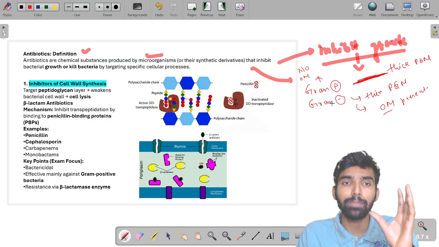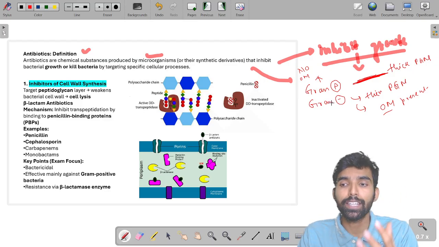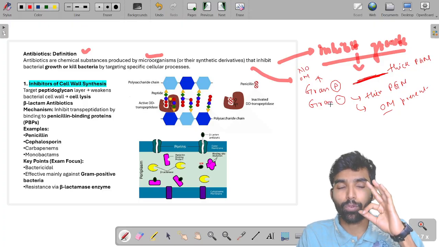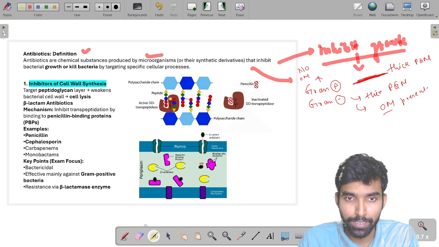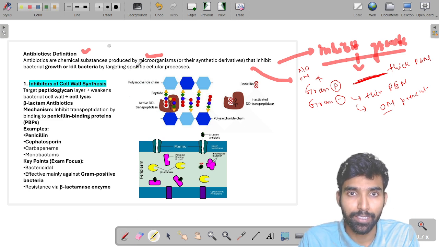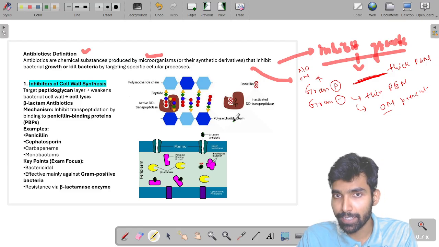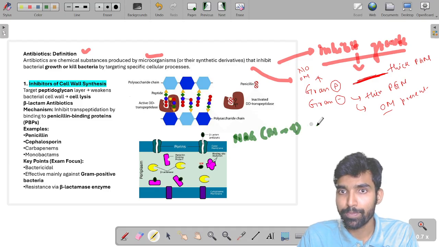It targets the peptidoglycan layer; the main purpose is that the peptidoglycan should not be synthesized. If you remember how peptidoglycan is synthesized, let's take one easy example. There are NAG, N-acetyl glucosamine, linked by beta 1,4 to NAM, N-acetyl muramic acid.